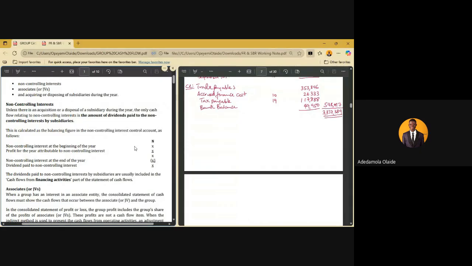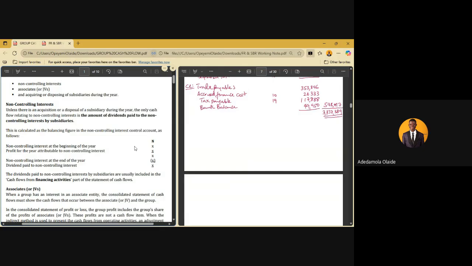However, if we have acquisition or disposal of a subsidiary during the year, we also need to adjust for it. We'll look at the value of NCI acquired or disposed during the year. If it's acquired, we'll take it to the same side where we have the opening balance of the NCI, which is the credit side.